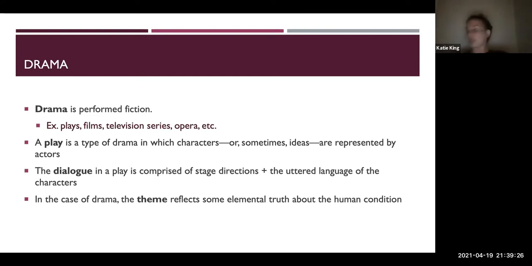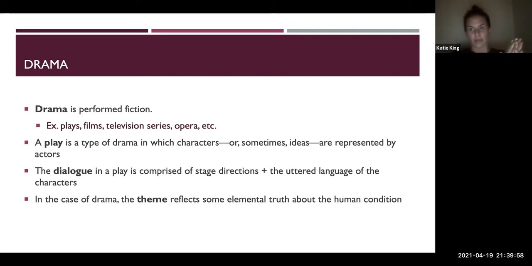So when you read Ibsen and when you read Sarah Kane and you see some of these things that the characters are saying and you see these stage directions, pay very close attention to them because no one in drama is just saying, "Oh, I'm just going to throw this in there," right? It's a work of art. So only what is absolutely necessary is in there and nothing extraneous or superfluous. Keep that in mind. So words are very important.